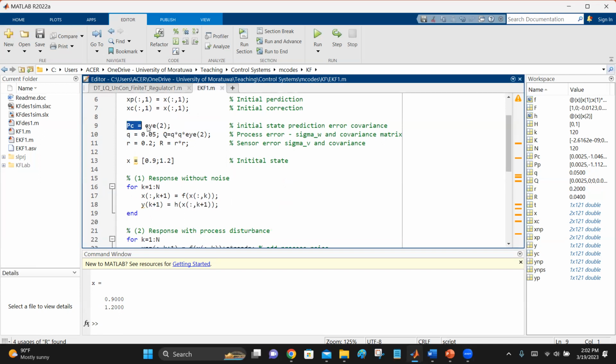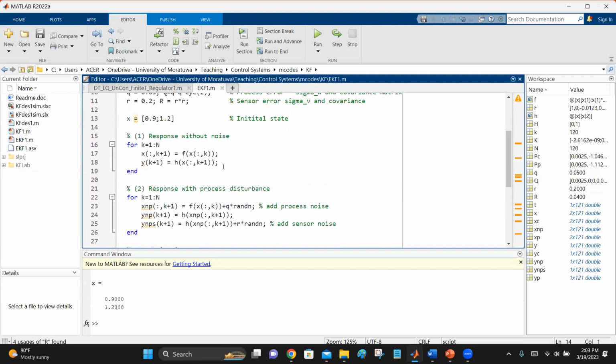And this is PC, the corrected error covariance, and initially we give it an identity matrix, 2 by 2. And this is the process noise. You get the RMS of the process and then generate the covariance matrix. And sensor noise is like that. And this is the initial condition of the state, 0.9 and 1.2, as I explained.